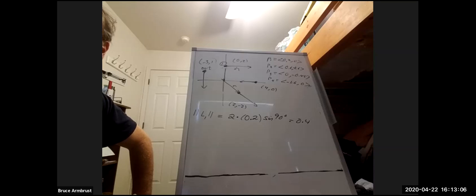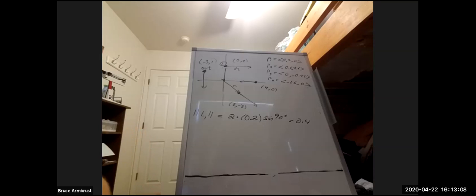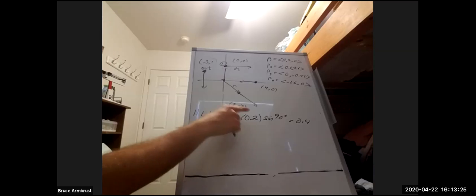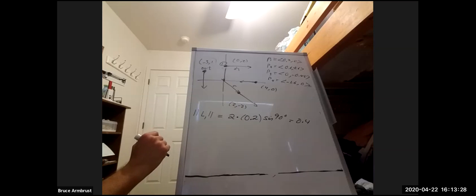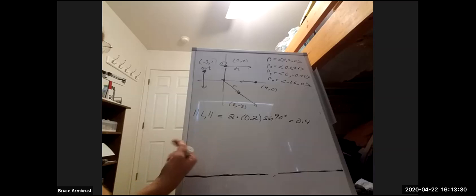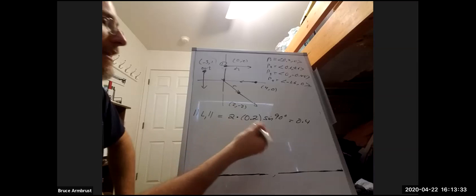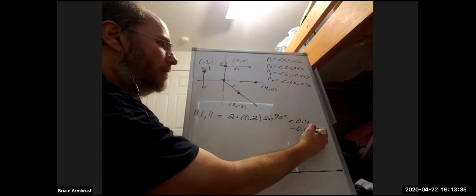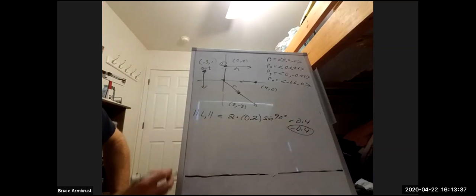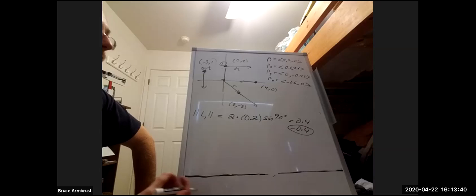So it is all about whether it's in or out, and in is usually negative. Remember that positive is for counterclockwise rotation. So since this is going clockwise, it's actually a negative. So even though its magnitude is 0.4, because it was clockwise, what it actually gives us is negative 0.4. So I'm just going to put a circle around that because that's what we're going to add when we add it to all the rest.